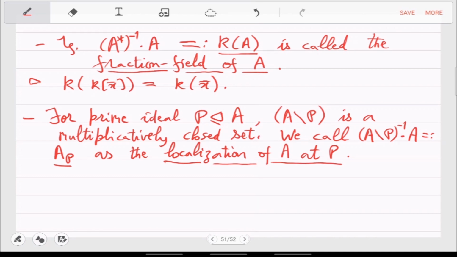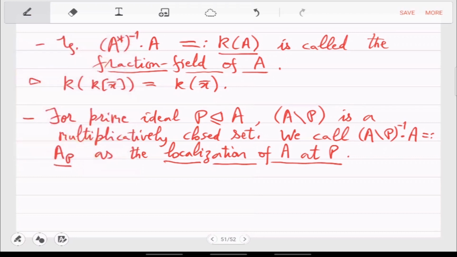Instead of including all the fractions to get the fraction field, you only introduce some of them, so you get infinitely many new objects. You take any prime ideal and you invert everything except the prime ideal. That is called the localization of A at P.